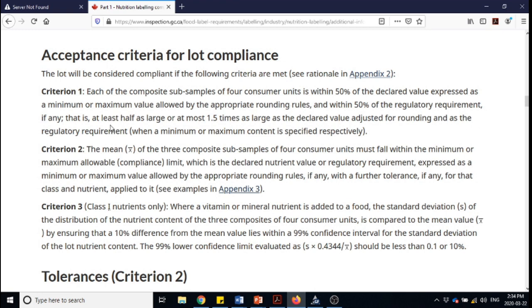So if it's at least half as large or at most 1.5 times as large as the declared value, that's what we're looking at for criterion 1. For criterion 2, we're looking at, does it fall within the minimum or maximum level for this regulatory requirement, expressed with that allowance, with the rounding rules, with any further tolerance. And you're going to have a headache at the end of this class.